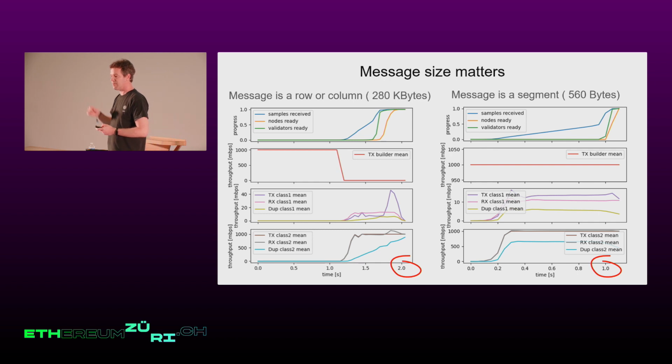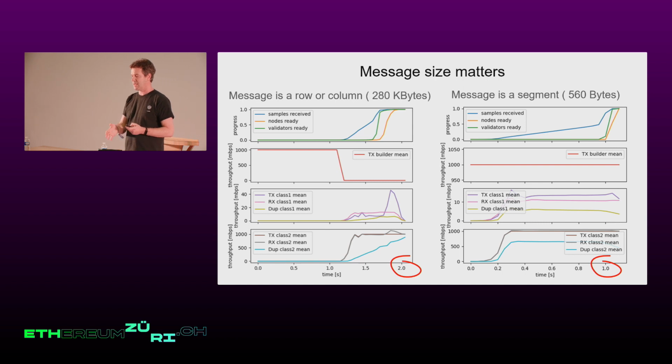Now how we use this. Let's see one example. This is about message size. I said we are sending rows and columns, but you can do it in many ways. On the left side, we are sending using GossipSub with messages being rows and messages being columns. So a message is 280 kilobytes. This is the big message case.